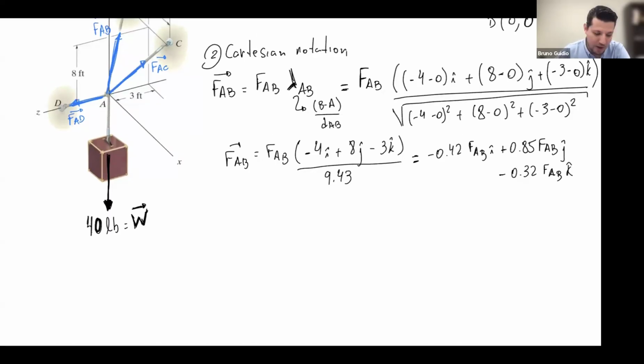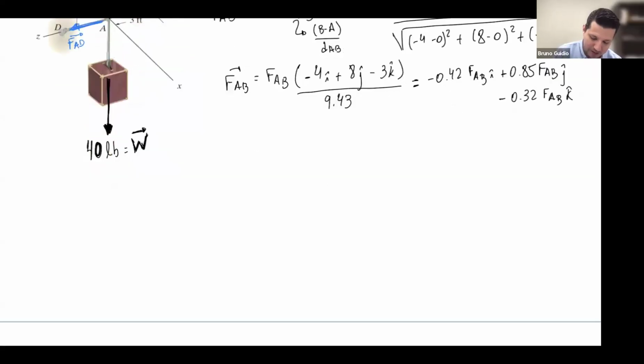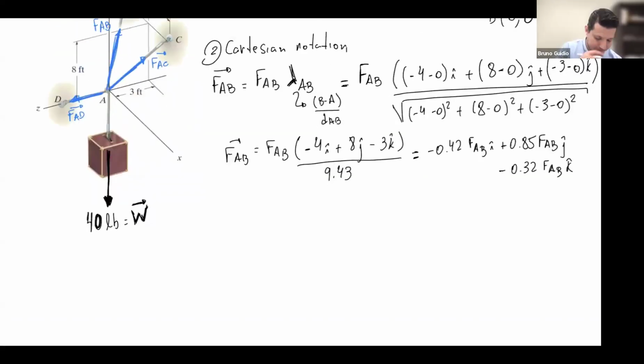Now, what about FAC? Because FAC, I also have to work with the Cartesian notation, with the lambda. This is FAB. Let me put FAC here.